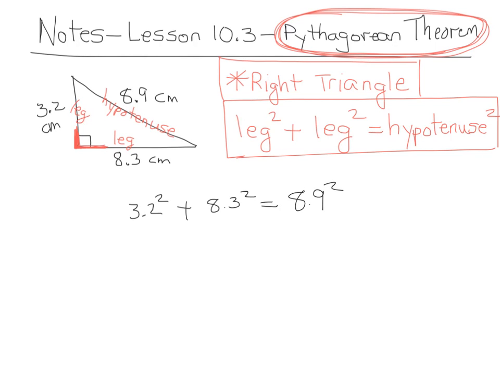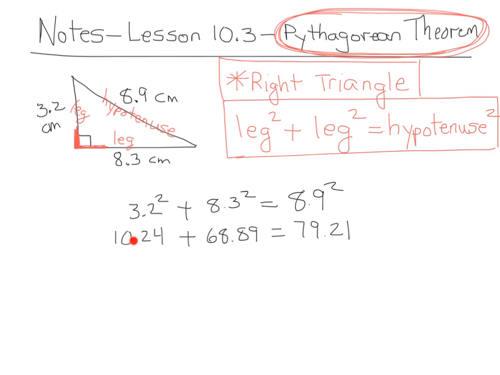Alright, so if I grab a calculator and I type 3.2 and square it, it's 10.24. And then if I type in 8.3 and square it, 8.3 times 8.3 is 68.89. And then 8.9 squared, 8.9 times 8.9 is 79.21.